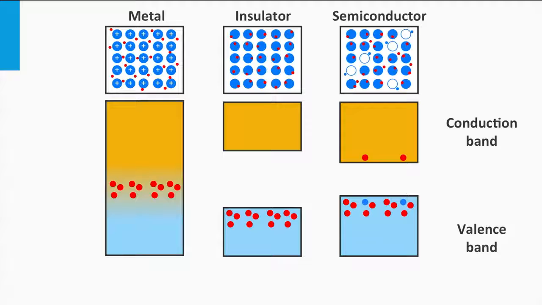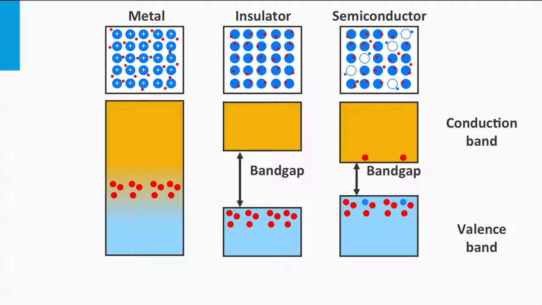Electrons in the conduction band are free and mobile and contribute to the conduction, just like the mobile electrons in a metal. The forbidden energy gap between the valence and conduction band is called the band gap. In this gap, no energy states exist, which can be occupied by electrons.